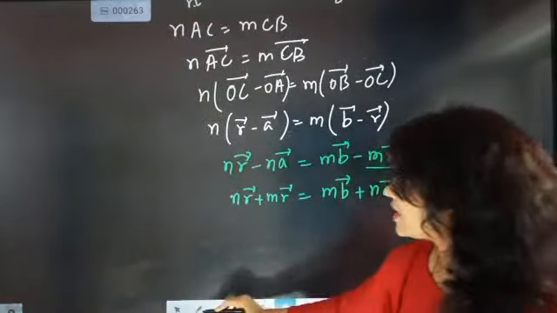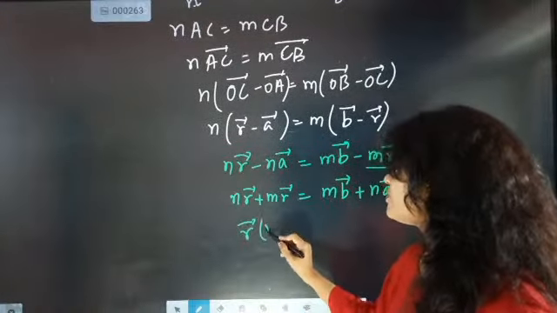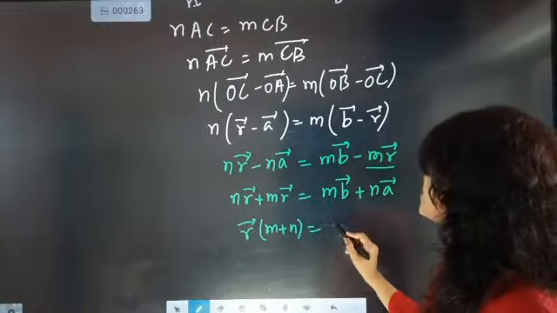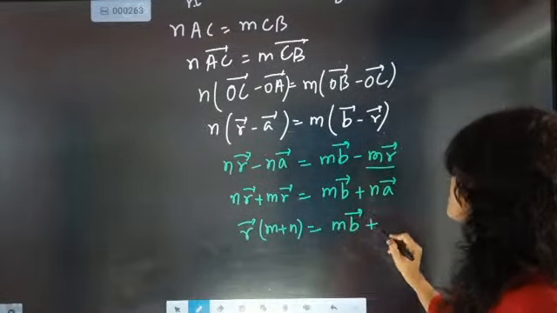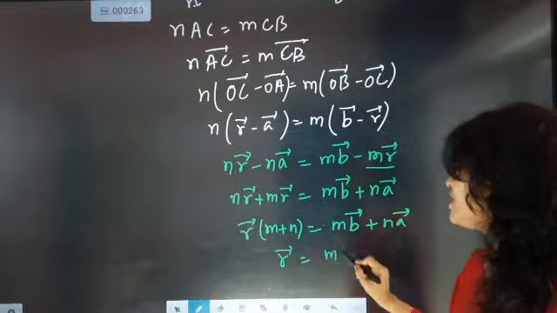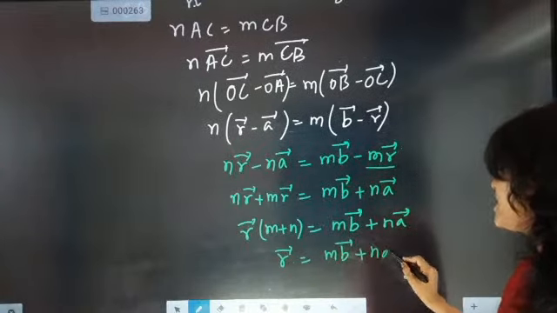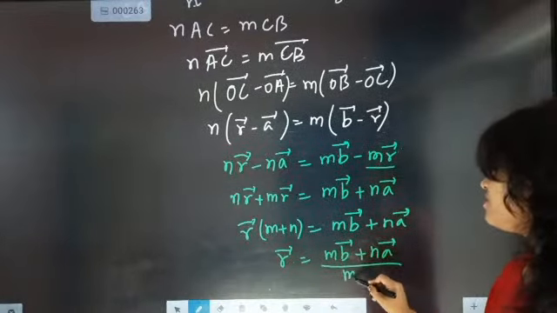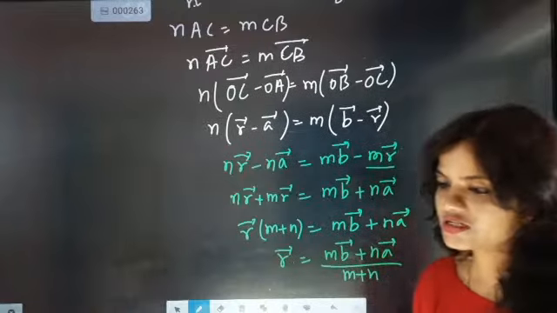Now take R vector common, it will become m plus n. So R vector will be coming as mB vector plus nA vector by m plus n. Story over. This is the internal section formula.